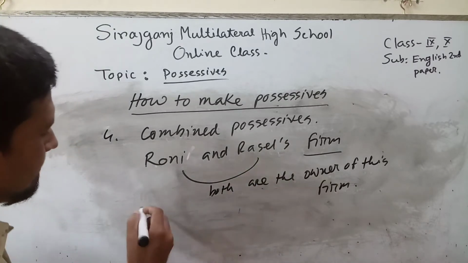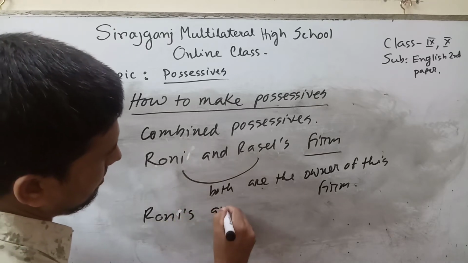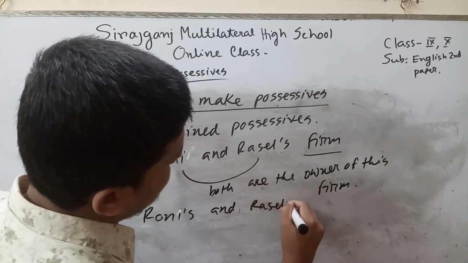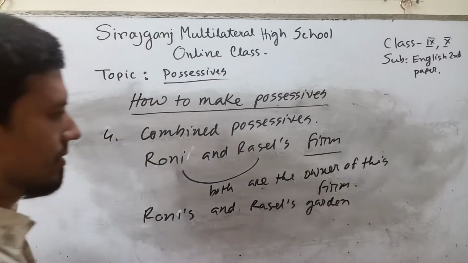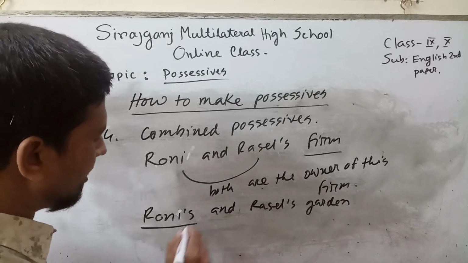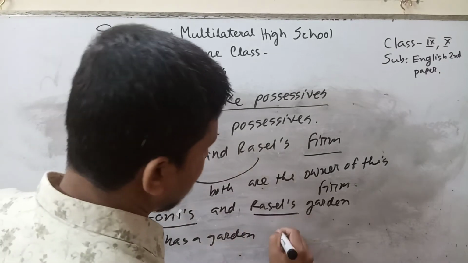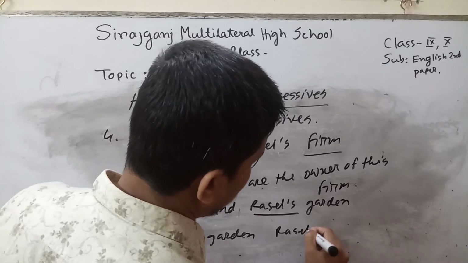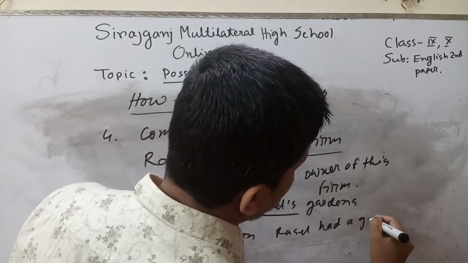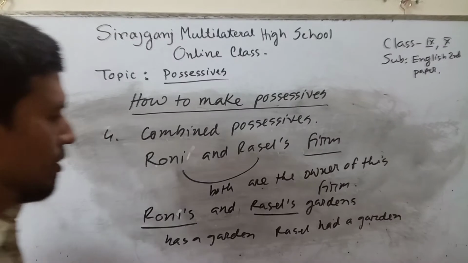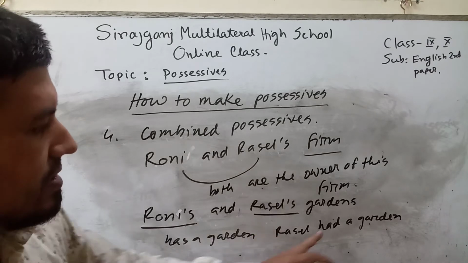But if I write Ronnie's and Russell's garden, here you will understand that Ronnie has a garden and Russell has a garden. So these are separate gardens, Ronnie's garden and also Russell's garden.